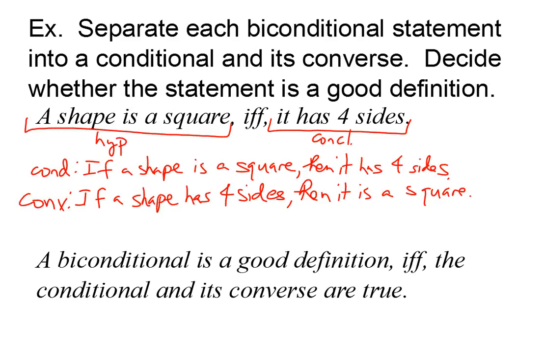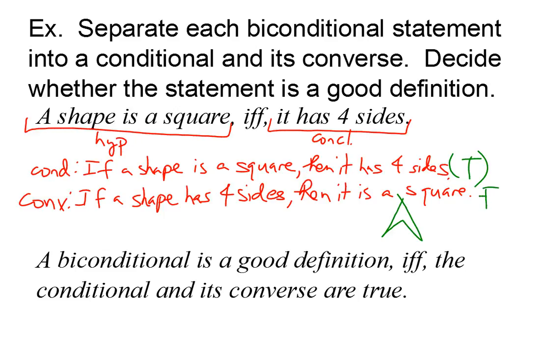Now I've got to decide whether both sentences are true. Well, if I'm looking at a square, does every square have four sides? Yeah, it does, right? So that's a true statement. But does every shape with four sides have to be a square? Well, let's see here. Would you call this a square? If I've got 1, 2, 3, 4, that shape has four sides, but that's not a square, is it?